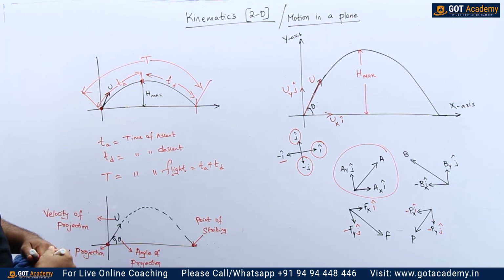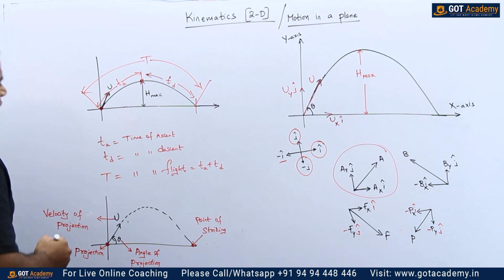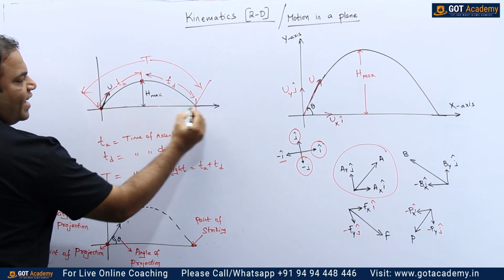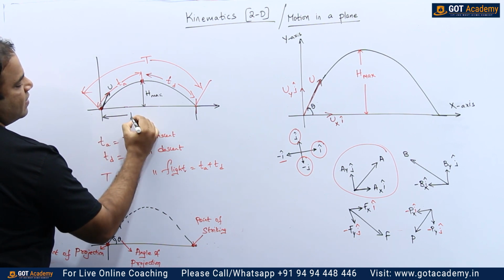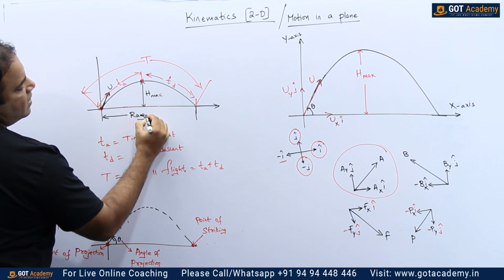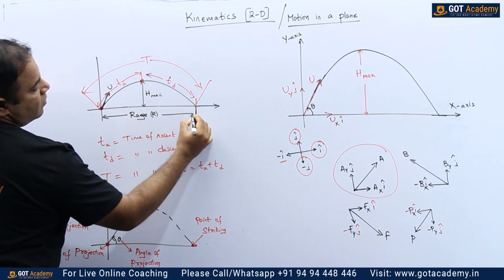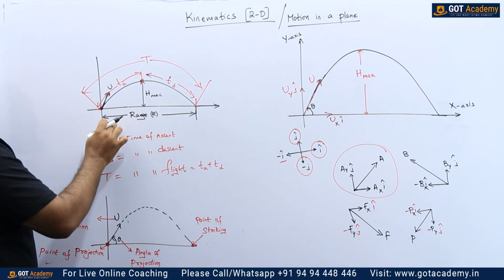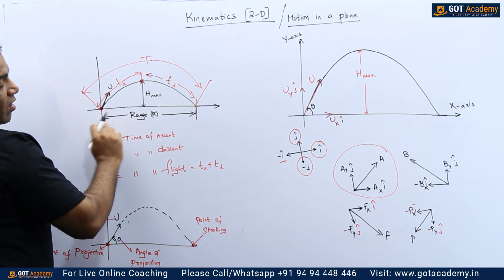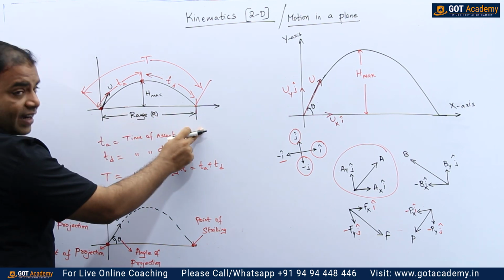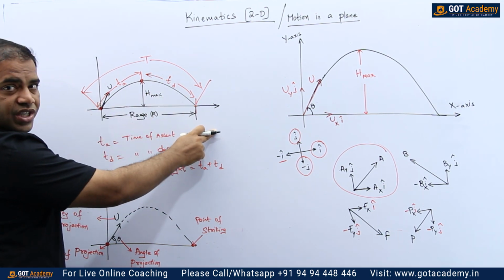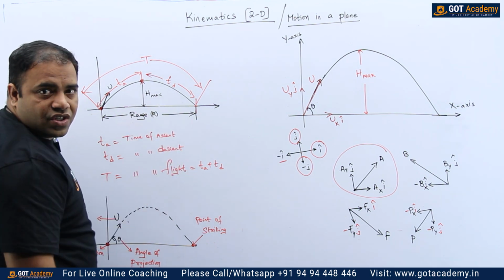And then, from starting to ending, meaning initial to final, what is this distance known as? R. R stands for range. Whatever horizontal distance is present between initial and final, or during this parabolic motion, is known as range.